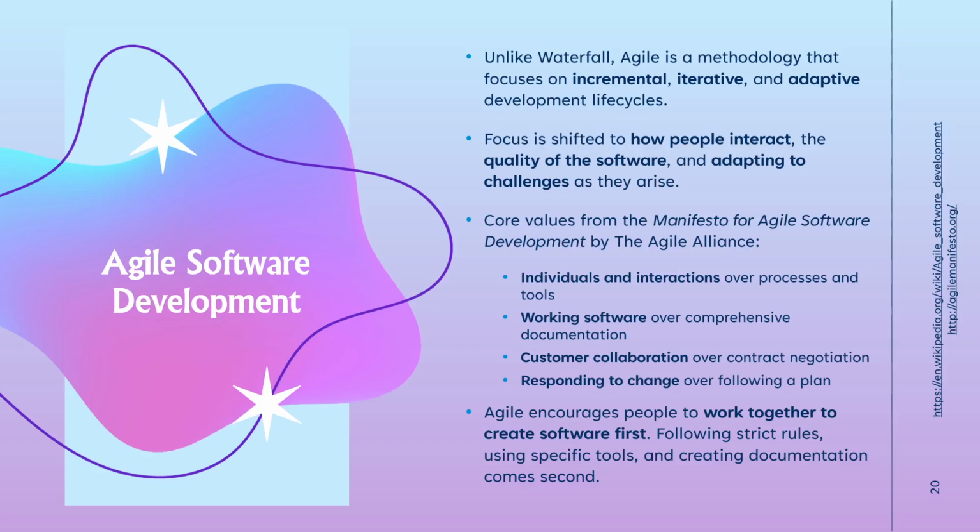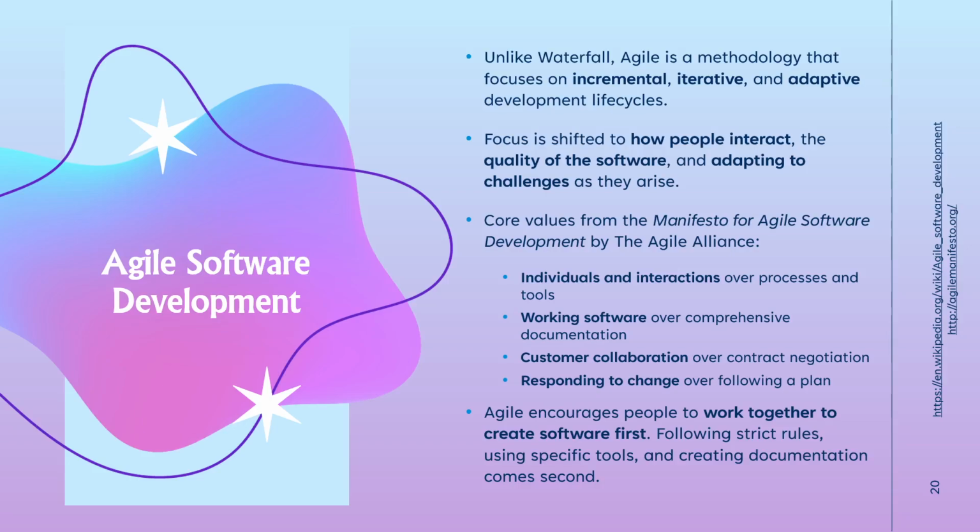The core values listed by the Agile Software Development Manifesto are individuals and interactions over processes and tools, working software over comprehensive documentation, customer collaboration over contract negotiation, responding to change over following a plan. And that's not to say that the things on the right are bad.